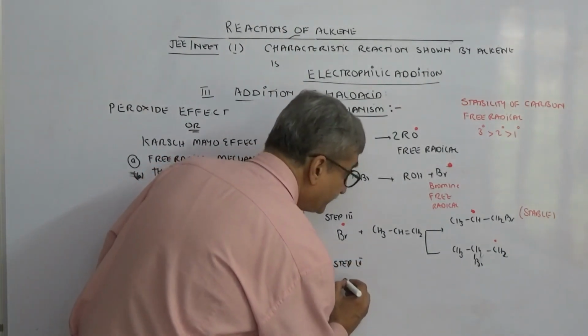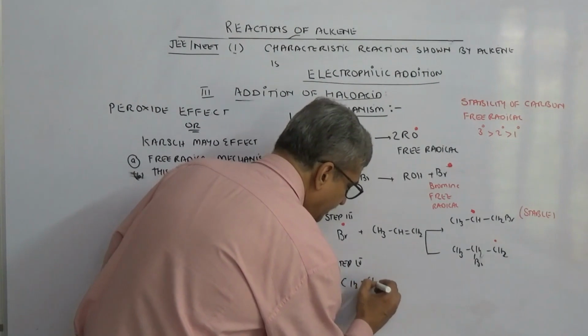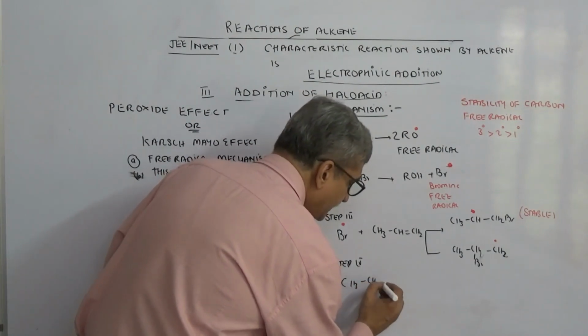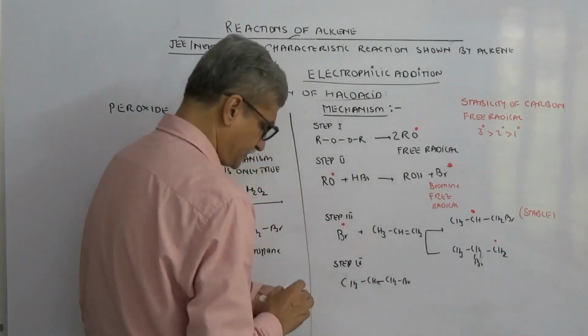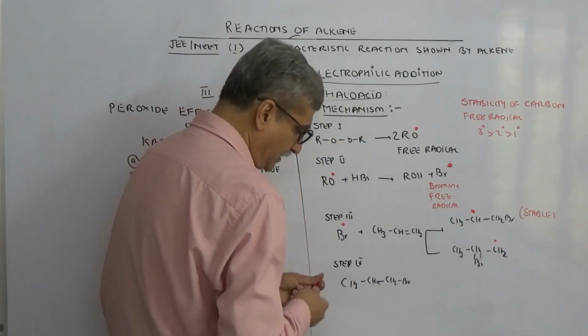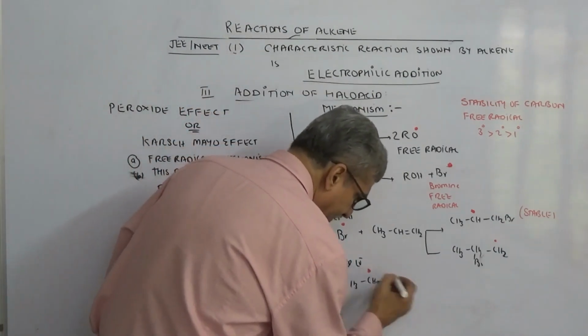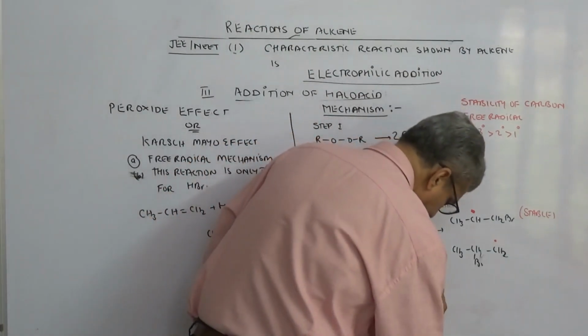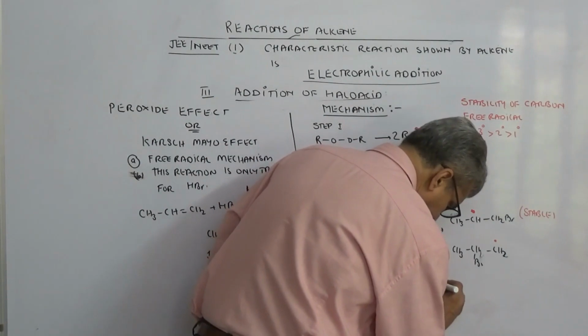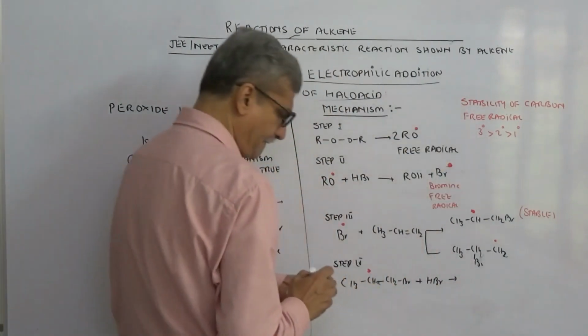Now we are coming to step 4. We have CH3, CH, CH2Br. This free radical reacts with HBr. And what does it form?